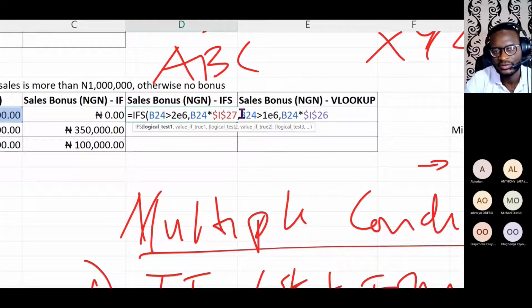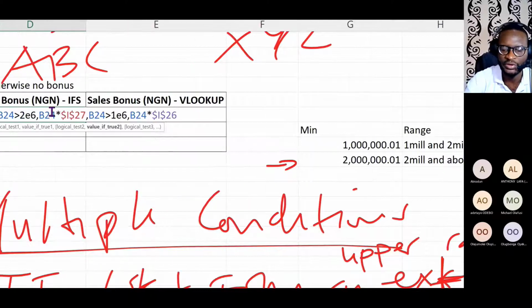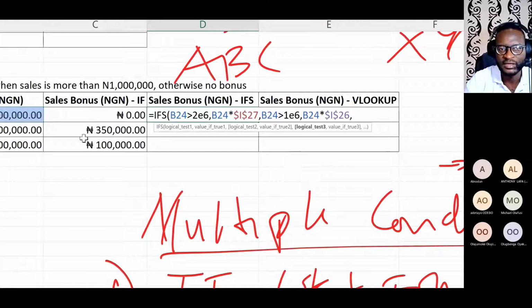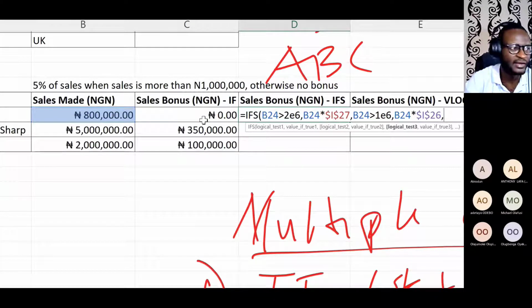So that is one condition. What should happen after? The second condition, and what should happen? We still have a third condition. The third condition is you don't even have up to 1 million. So what do we do? In this case, you have to write all the conditions. This one doesn't have an else or a false.